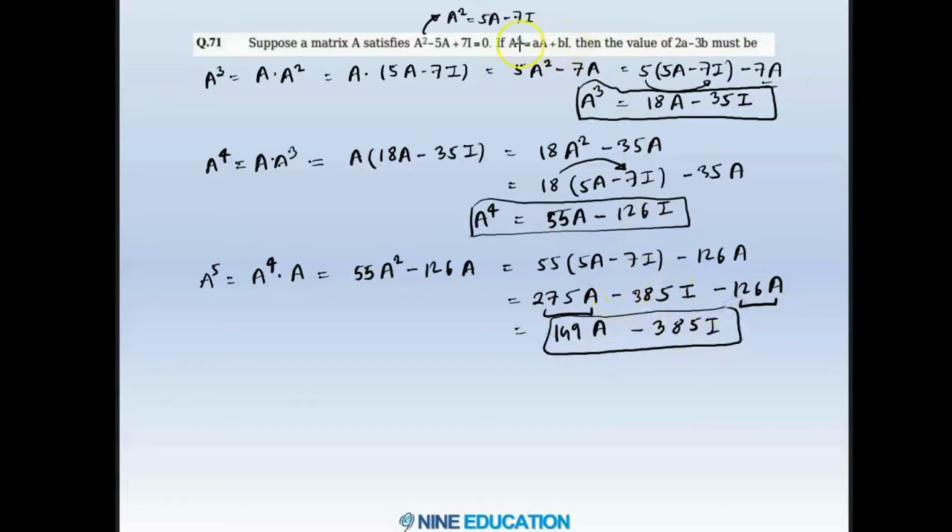So as per the given question, it is small a times capital A. So small a value is 149 and small b value is basically minus 385. So as per the question, the value of 2a minus 3b is basically 2 into 149 minus 3 into minus 385.